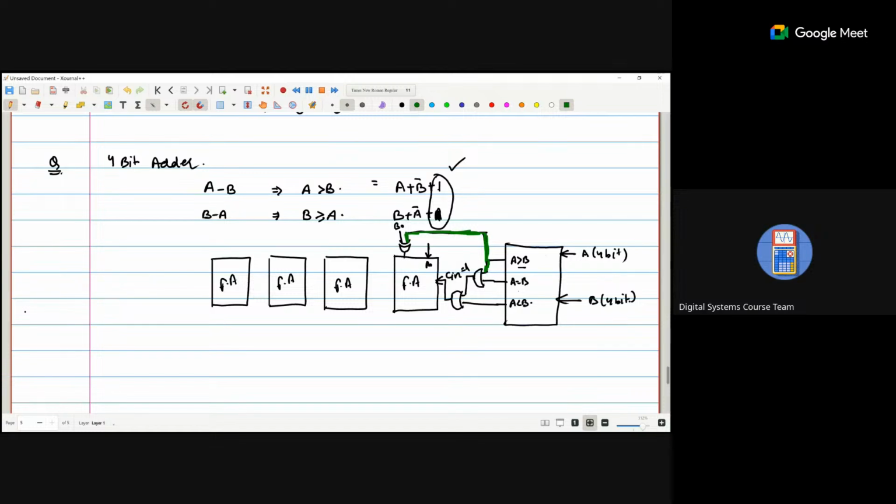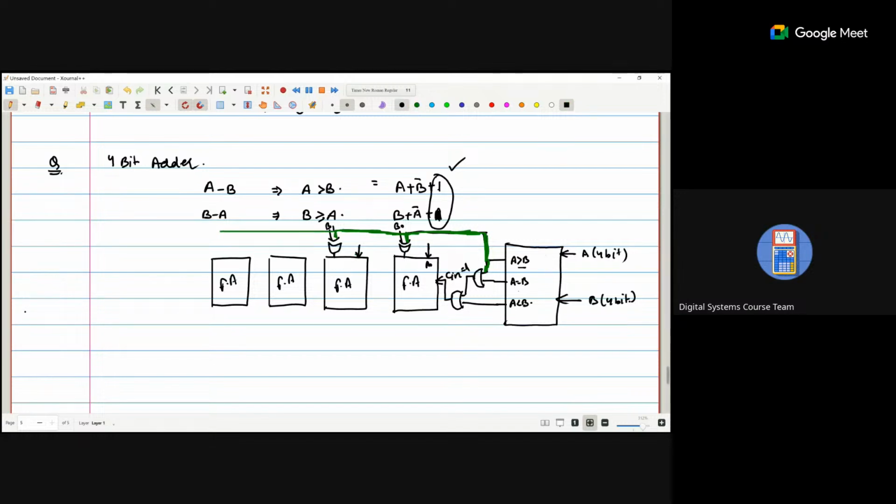Okay. Similarly, again we are using the XOR gate with B1, and with B1 we are using the same. A plus B2. Okay. A greater than B. Similarly, we are using this one here.